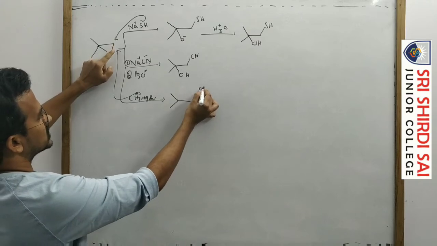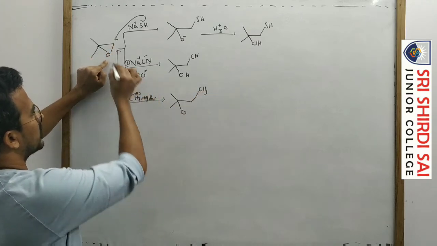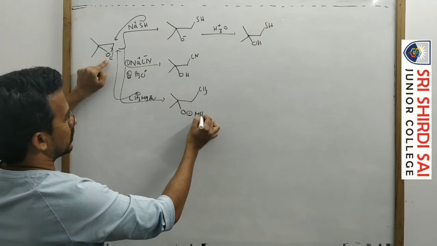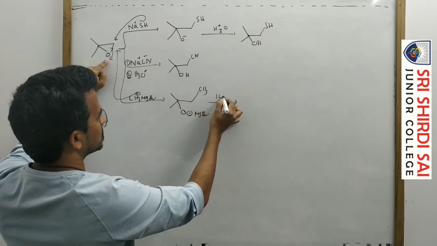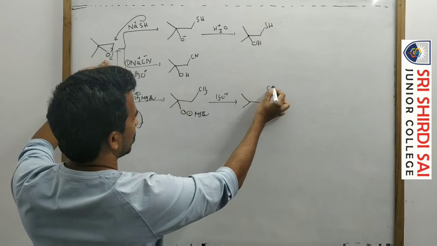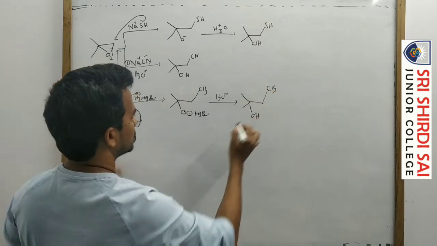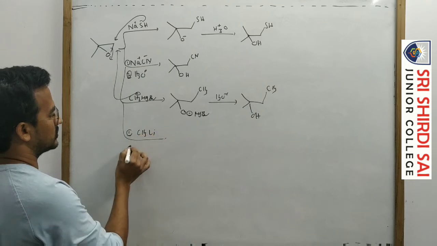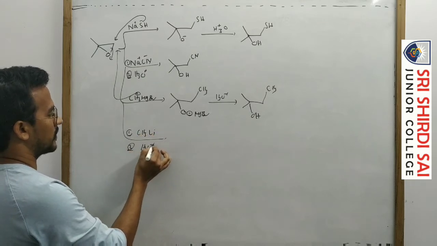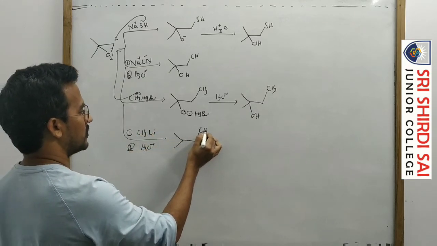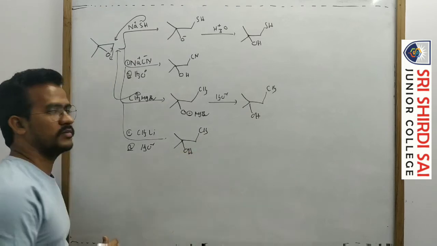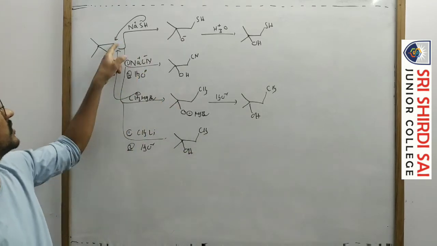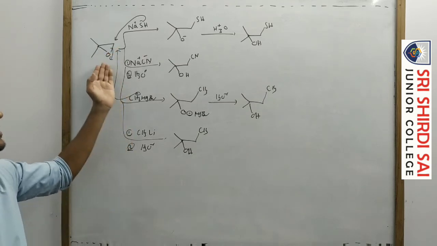So this CH2 is bonded to the CH3 and this one becomes O minus, followed by hydrolysis, giving CH3 and OH. Next, this one reacting with methyl lithium followed by hydrolysis, same CH3 and OH. Just the charged nucleophile attacks the less substituted carbon, breaking this carbon-oxygen bond, followed by hydrolysis.